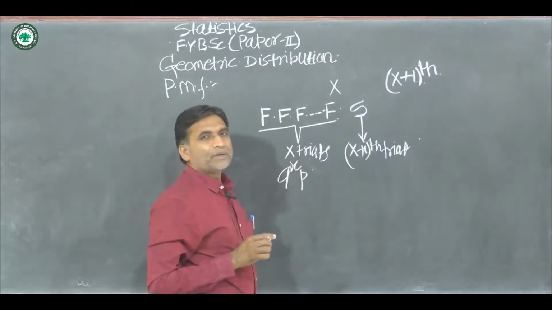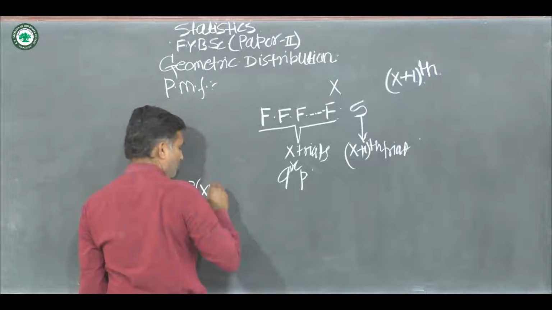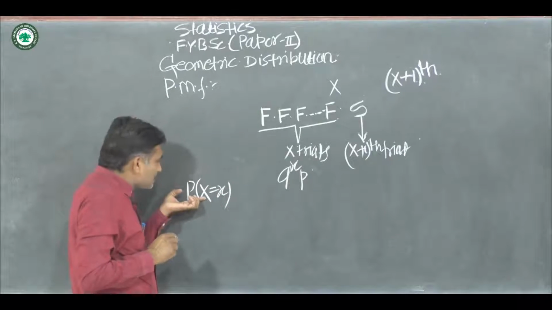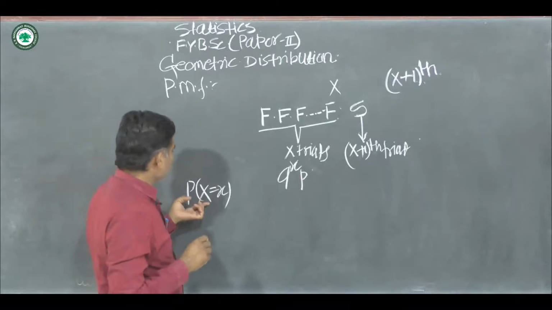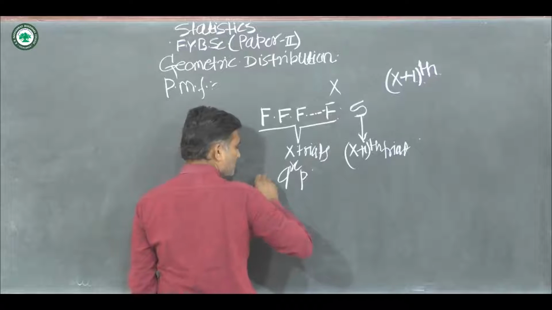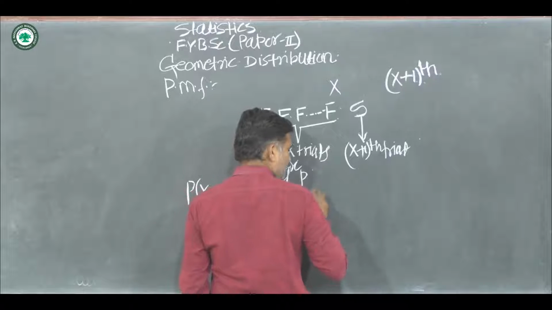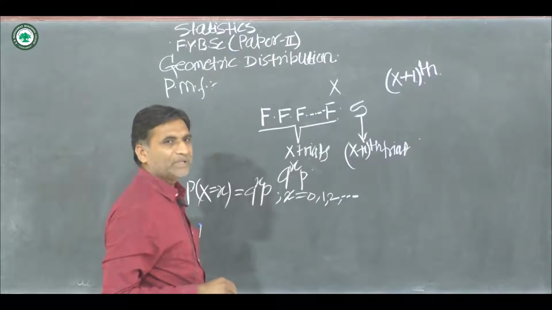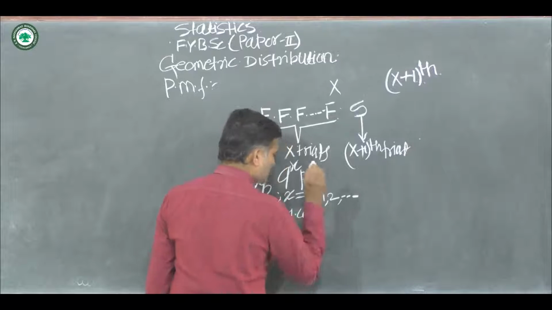Then the probability mass function of geometric distribution is: the random variable X is the number of failures before getting the first success, and the probability of X equal to small x is equal to Q raised to x into P. Here x takes values 0, 1, 2, and so on up to infinity, and 0 otherwise.